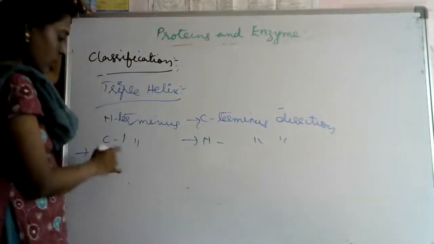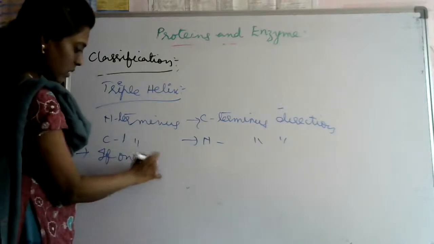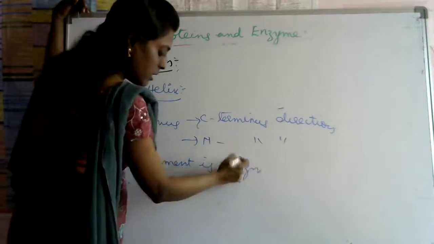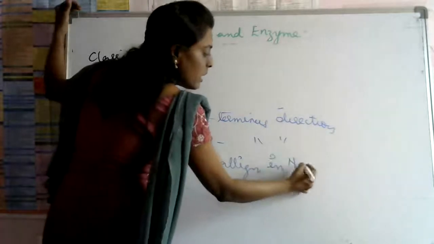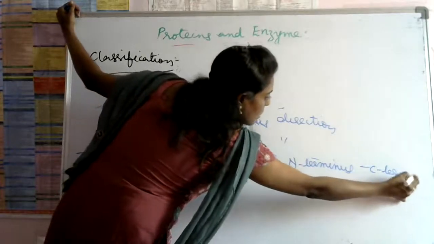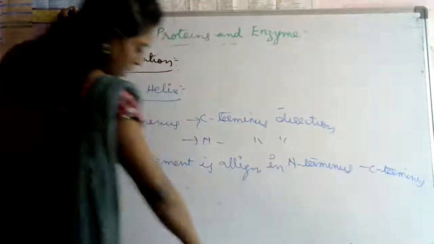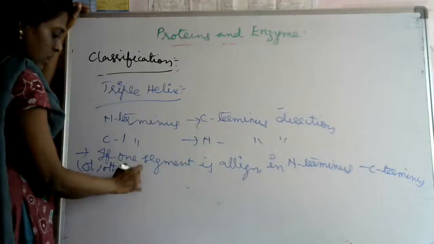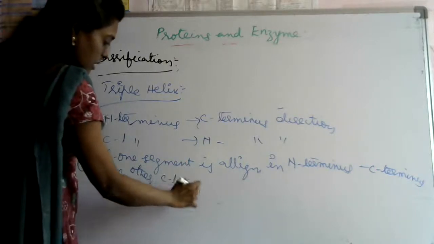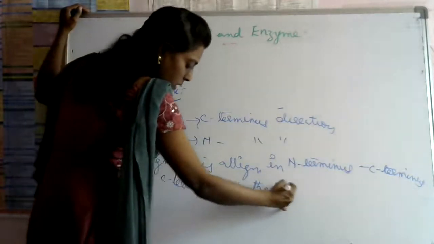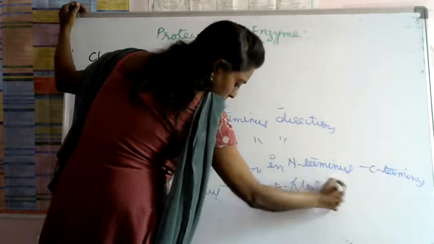Next, if one segment is aligned in the N terminus to C terminus direction, and the other from C terminus to N terminus, the beta pleated structure is called anti-parallel.